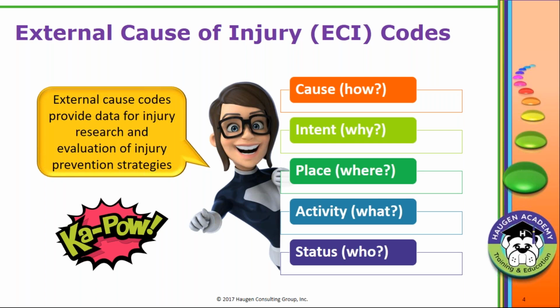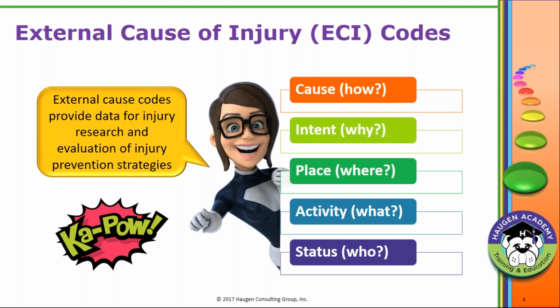It's an external cause of injury, but technically the chapter in ICD-10 is for external cause of injury and morbidity, and the codes are not limited to just being used with injuries. So the external cause codes provide data for injury research and for evaluation of injury prevention strategies, and we're going to take a closer look at what that means in the next couple of slides.